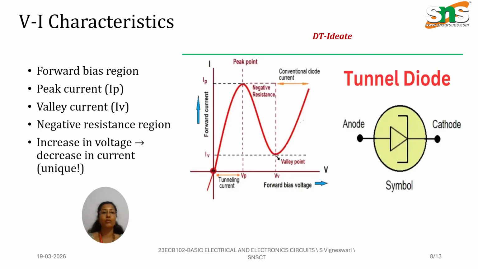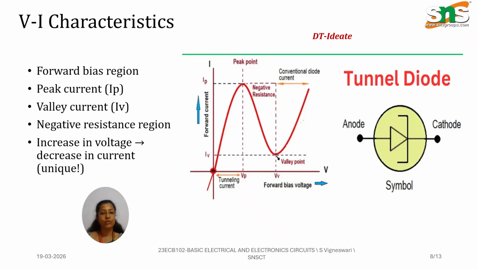Next, let us discuss VI characteristics. Now comes the most important part, the VI characteristics. In a normal diode, as voltage increases, the current also increases. But in a tunnel diode, something unusual happens.